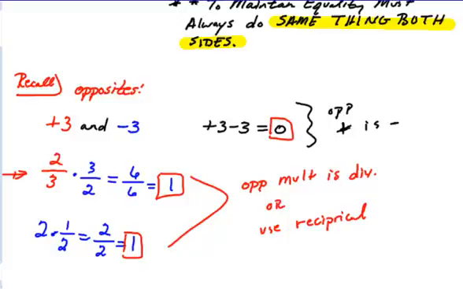Okay. That's why if we're talking about addition or subtraction, our goal is to get a 0. Because once you have that, it doesn't change the problem anymore. Same thing down here with multiplying or dividing. You can multiply by a 1, you get whatever you had. You can divide by a 1, you get whatever you had. So when we're talking about opposites with multiply and divide, that 1's what we want because it doesn't change anything. That's why we're saying 1s and 0s are good for each category.